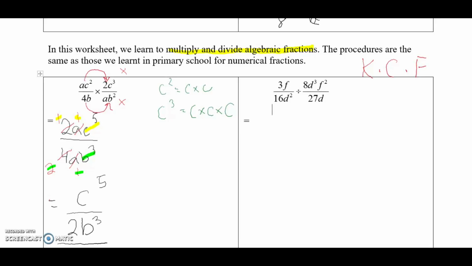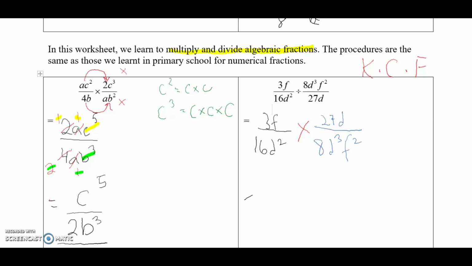So we need to keep the first fraction, so therefore we have 3f over 16d squared. Next, we need to change division to a multiplication. And next, we need to flip the second fraction. So it will become 27d over 8d cubed f squared.